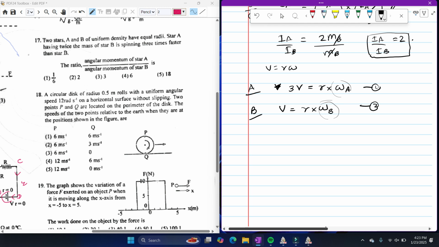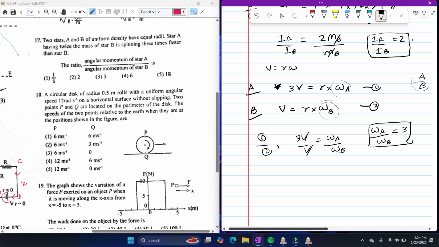Since the ratio a over b is what we want, I'll prefer dividing 1 by 2. So 3v divided by v is omega a divided by omega b, v cancels. So again we come to a relationship: omega a divided by omega b gives 3.